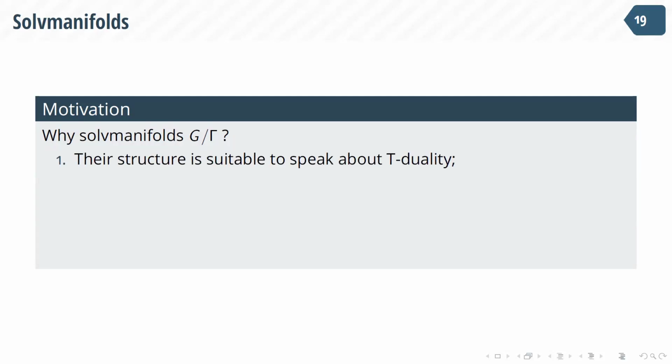First of all, their topology and structure are suitable to speak about duality because, for example, nil manifolds, which are nilpotent groups mod a lattice, are iterated circle bundles over a torus, while solvmanifolds are iterated bundles over tori with solvmanifolds as fiber. This is the most common construction. So their topology has a lot of circles and tori inside the structure.